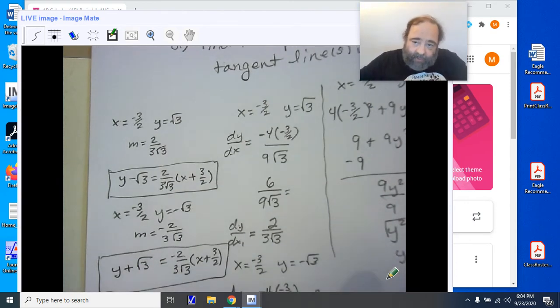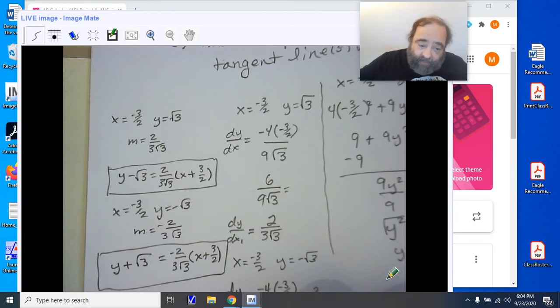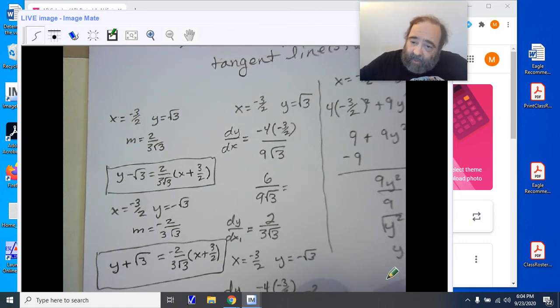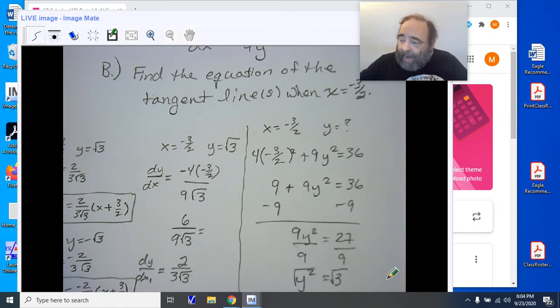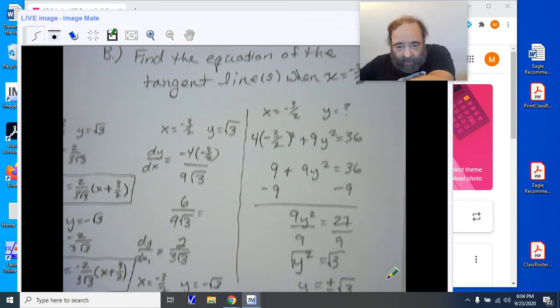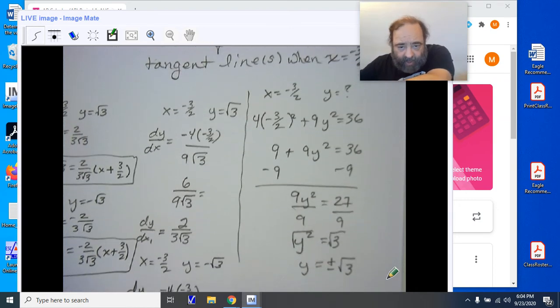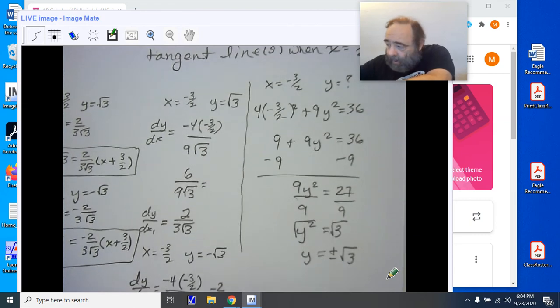So be aware, there's a lot going on here, and that's why these problems tend to be difficult. We start off by having to figure out what y is equal to. And as we go through our solving process by plugging in the x, we find one or two y values. Now we don't know whether one or both will work, and we have to plug them into our slope.